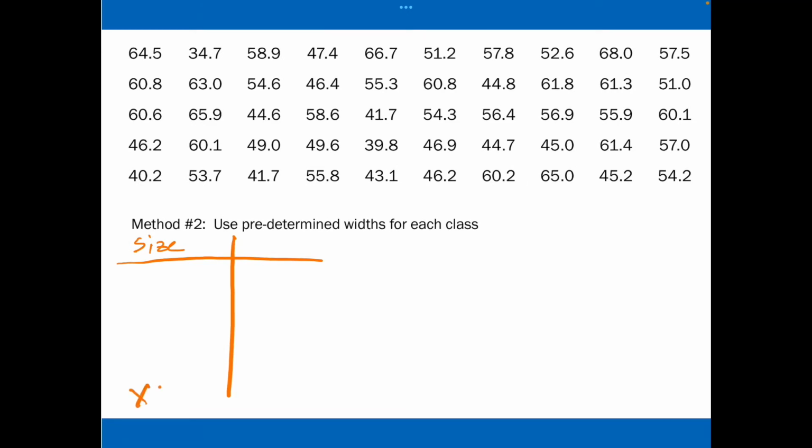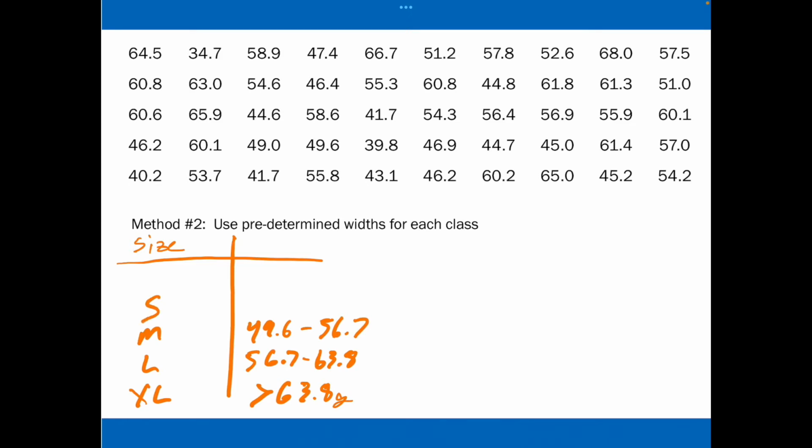And it turns out the extra large eggs run from 63 and up. So those are all the eggs that are greater than 63.8 grams in this case. The large eggs run from 56.7 to 63.8 grams. The medium eggs run from 49.6 up to 56.7.